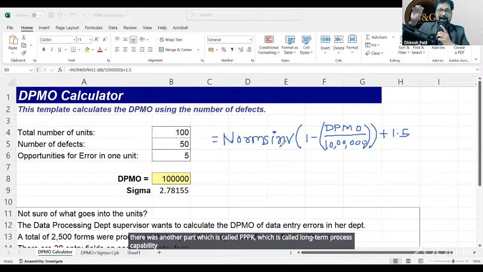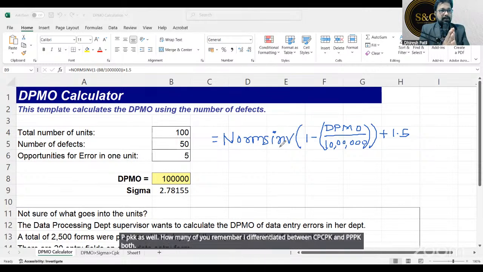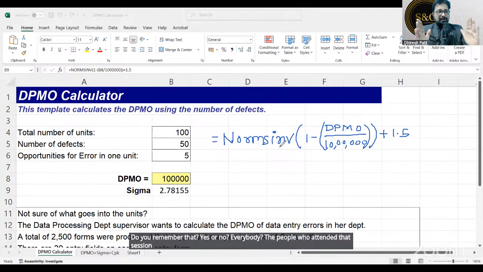How many of you remember long-term process capability? I spoke about PP and PPK as well. Do you remember that I differentiated between CP and CPK, which is short-term process capability, and PP and PPK, which is long-term process capability?